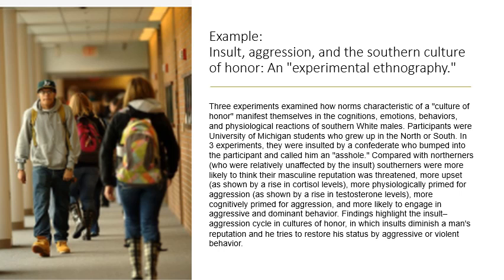In three experiments, they were insulted by a Confederate who bumped into the participant and called him an asshole. Compared with Northerners, who were relatively unaffected by the insult, Southerners were more likely to think their masculine reputation was more threatened, more upset, more physiologically primed, more primed for aggression, and more likely to engage in aggressive and dominant behavior. Now, two times they mentioned the word experiment.